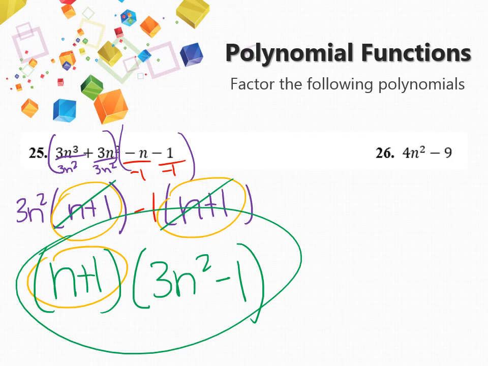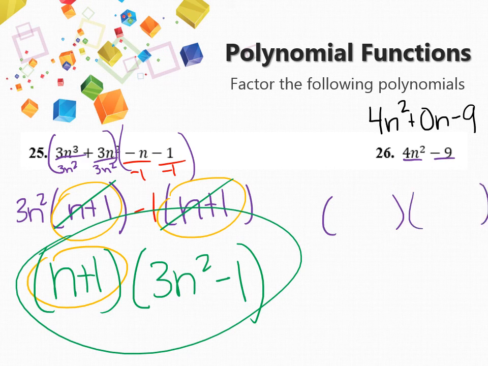This next one is special, you guys. Now, you could think of it as a problem with a 0n squared. If that helps you process this and do trifactoring, go for it. But I notice that both terms are perfect squares. That means this is a difference of squares. If you need those notes again, take a look.